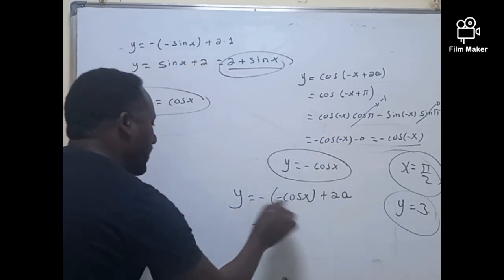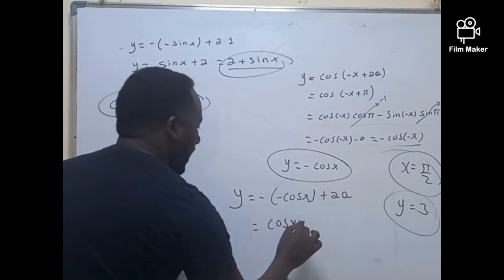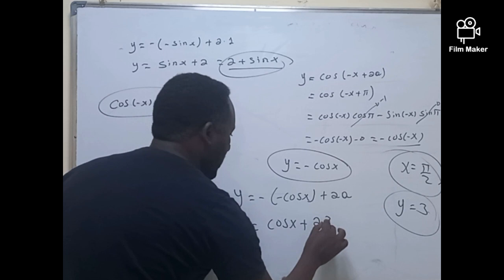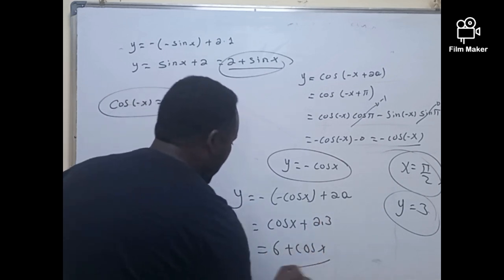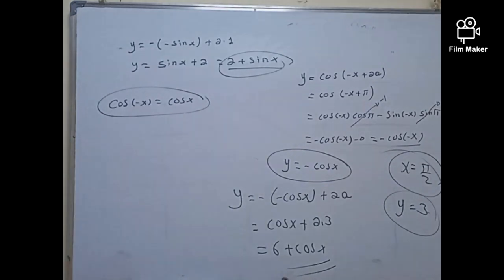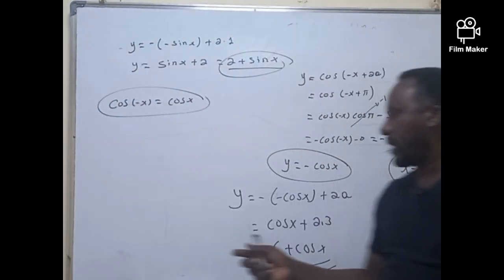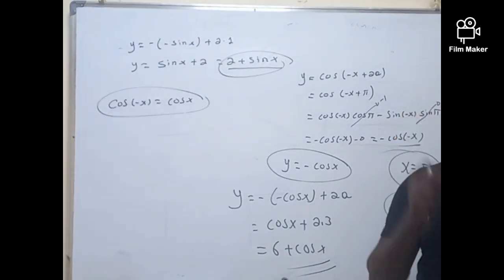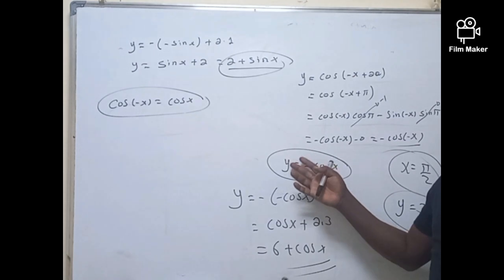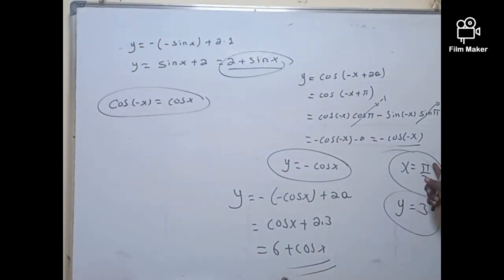So negative times negative is going to be cos x, and 2 times 3 will be 6, so 6 plus cos x will be the image of the graph of y is equal to cos x when we have been reflecting cos x with a vertical line x is equal to pi over 2, and with the horizontal line y is equal to 3.